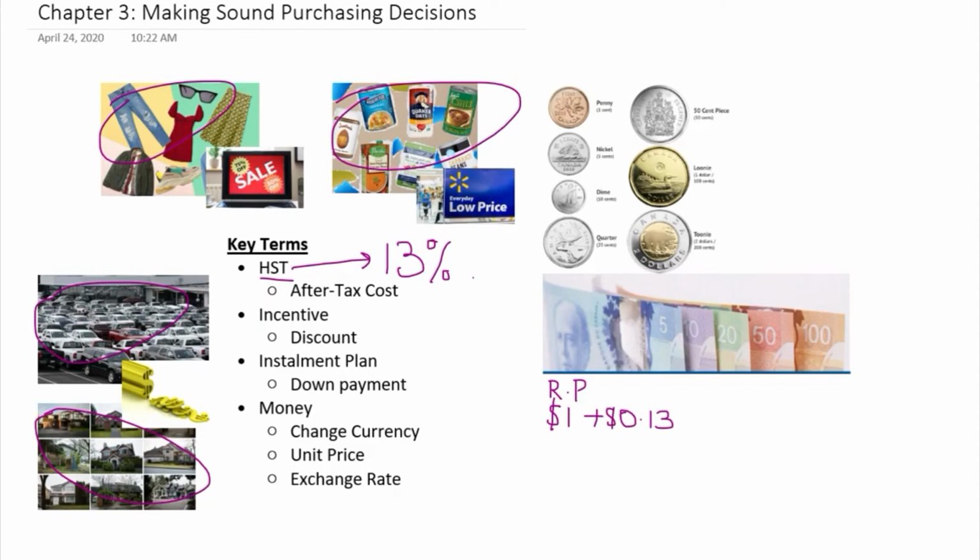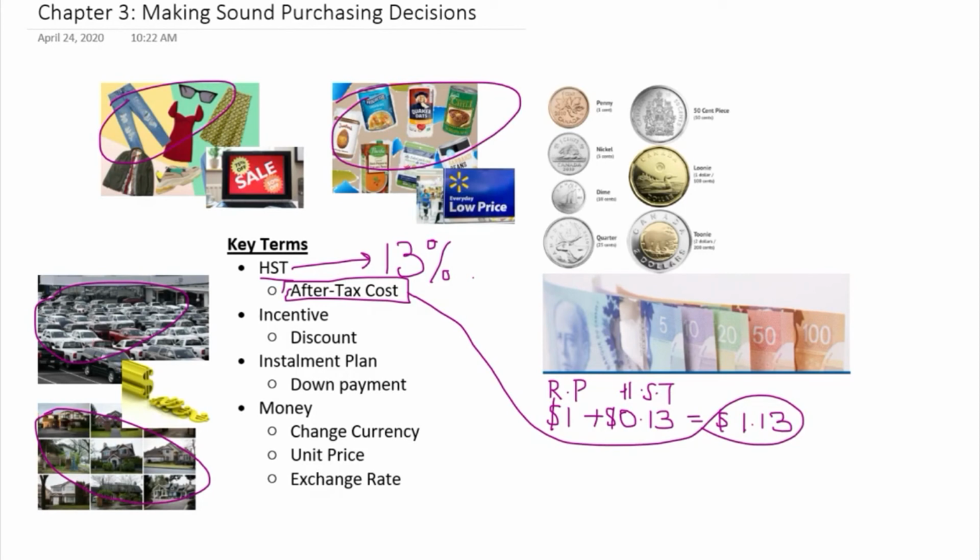I'm going to add that to the regular price, which means that I am going to pay $1.13 for that $1 regular priced material. So that means that once the HST is added to your regular price, your after tax price or cost will be that particular money right here. This is what you're going to pay out of your pocket.